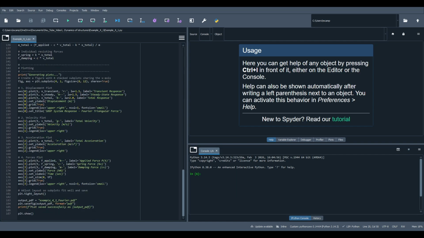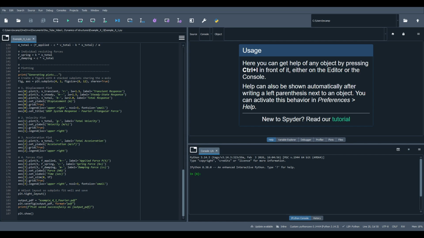After that we plot the results in graphs for the displacement, the velocity, the acceleration, and also the force, and save everything in a PDF file.